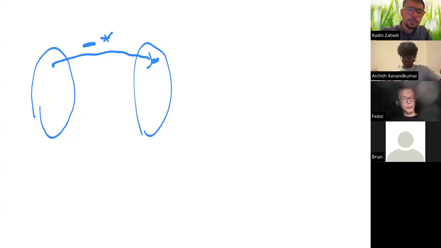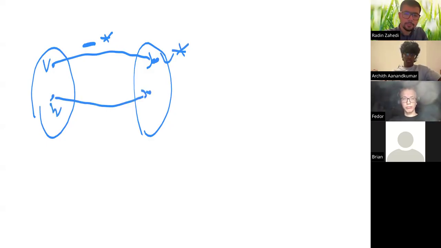However, this transformation would be the most useful if we can not only take objects to objects, but we can somehow take linear maps to linear maps as well.